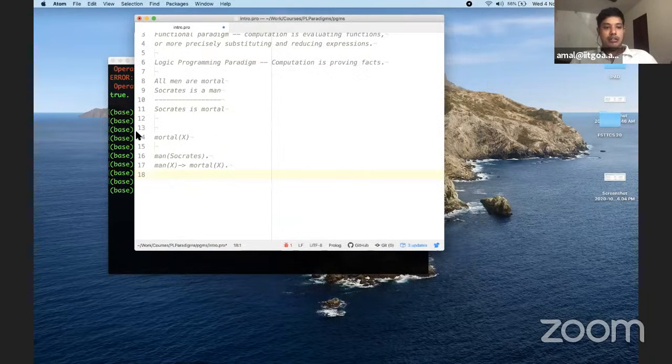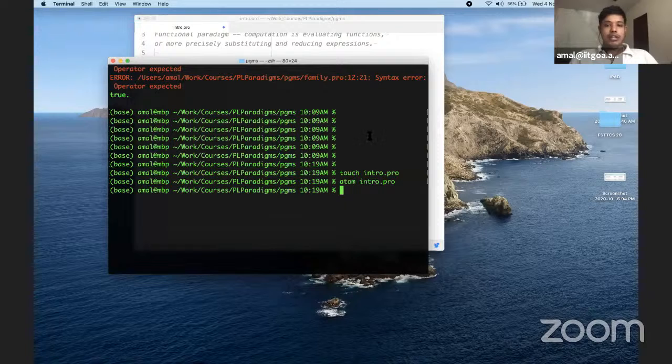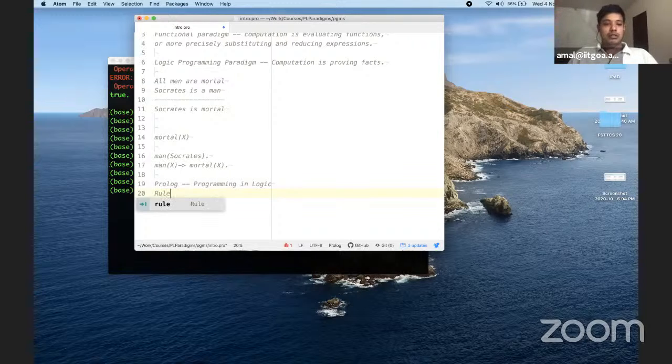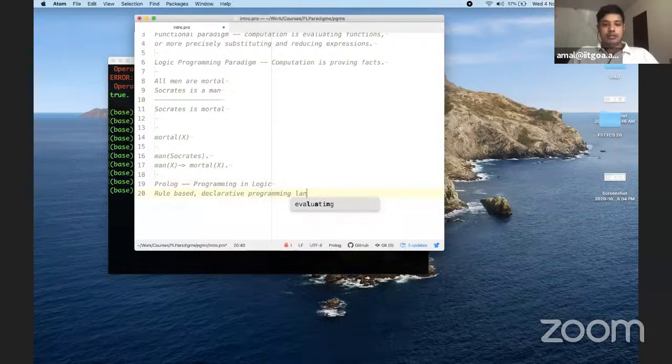Prolog stands for programming in logic. It's a very old programming language, and more than that, it's a rule based declarative programming language.